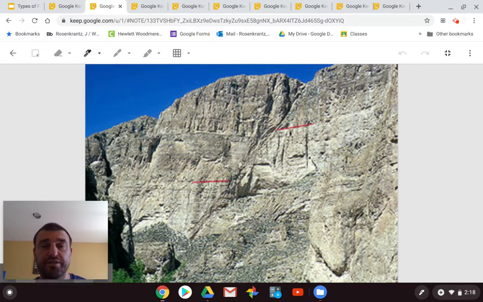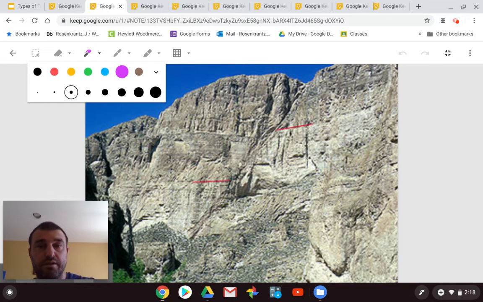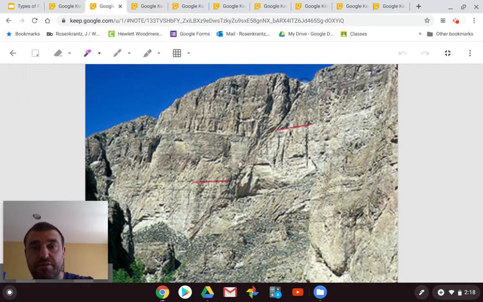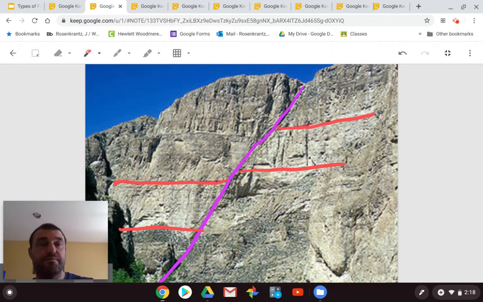So this is the other picture that's attached to the slideshow. So let me use purple for the fault. This is the fault. Okay, and then they use red here to show the movement. So this red line is this pale white cliff of rock on the left side, and here it is on the right side. So this section got thrown down on the left, and on the right it got thrown up.